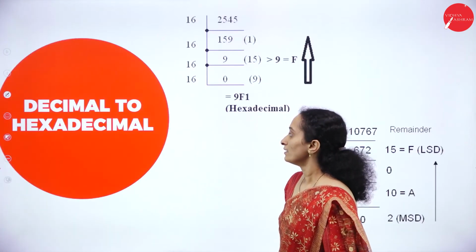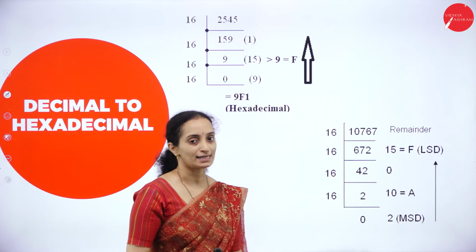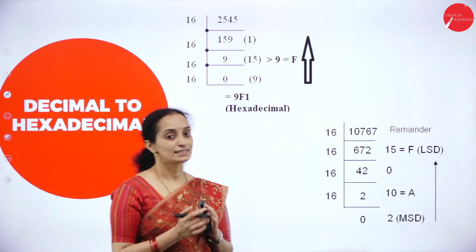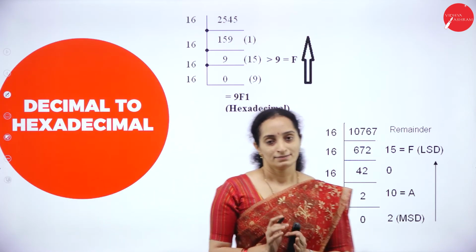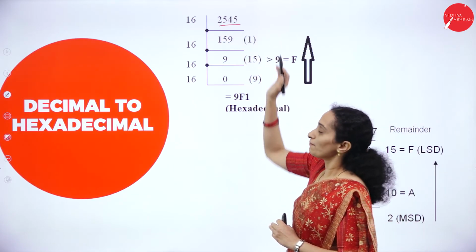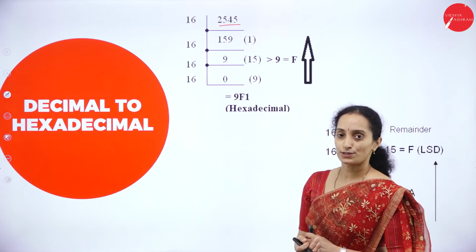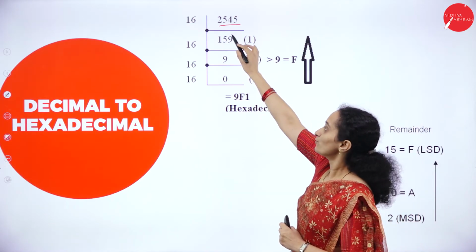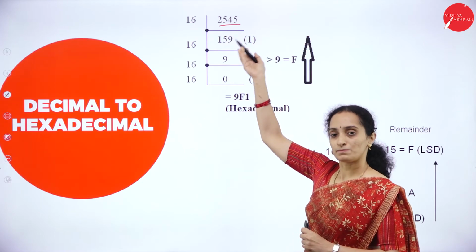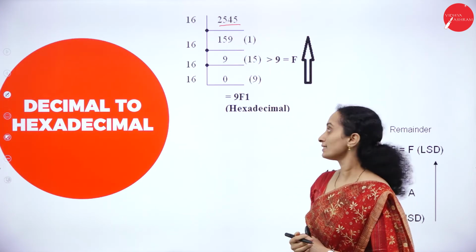Next comes the decimal to hexadecimal. Again, in the same manner, if there is a number 2545 in base 10, we have to convert it to base 16.